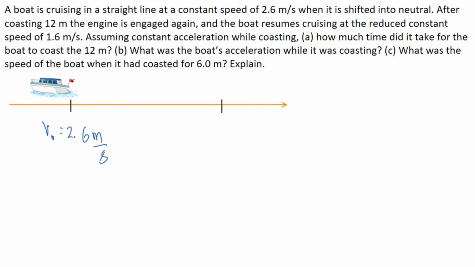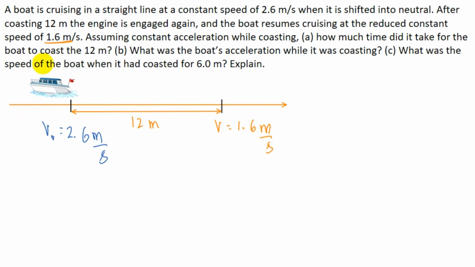So this distance we have, let me show it on the figure, this distance we have 12 meter. So after coasting for 12 meter, the engine is engaged again and the boat resumes cruising at the reduced speed of 1.6 meter per second. So here the velocity becomes 1.6 meter per second.